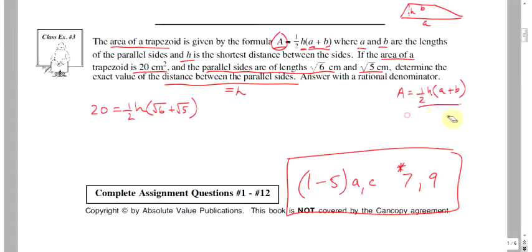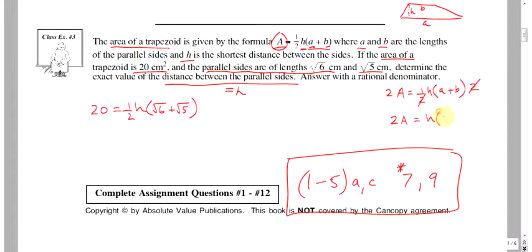So here's another way. How can I get rid of this 2? It says divided by 2. What's the opposite of divide by 2? Let's multiply both sides by 2. Because 2 divided by 2, it's gone. Okay? So I have 2A, by the way, A divided by 1/2, that's also 2A, right? You get the same thing.